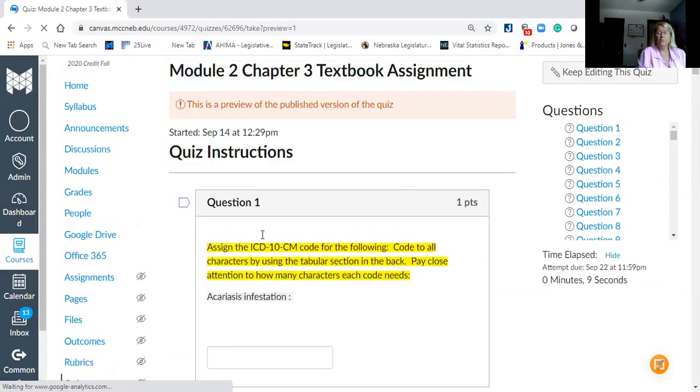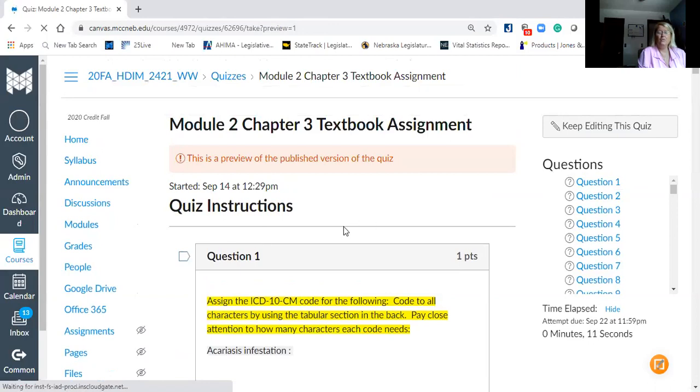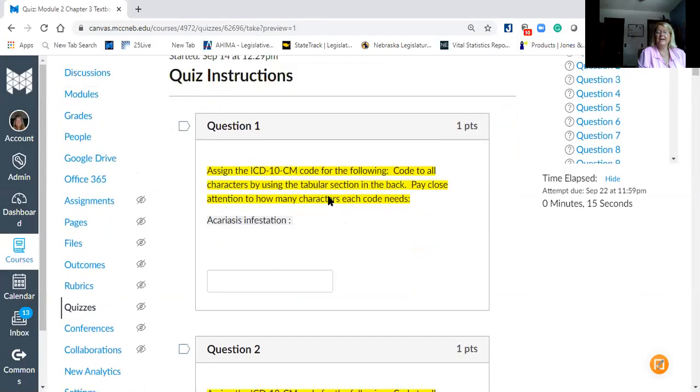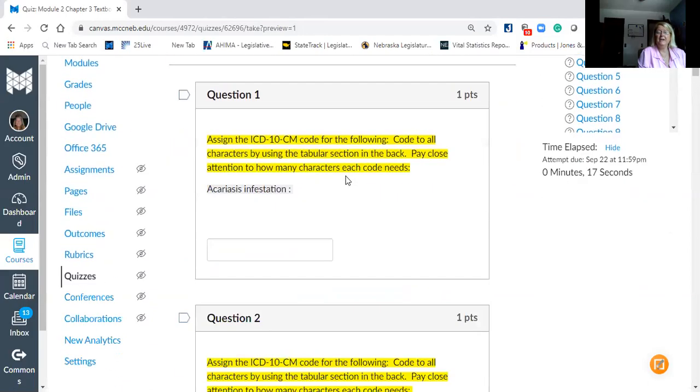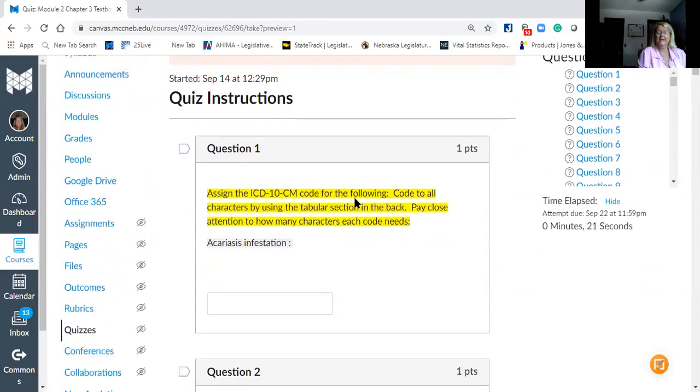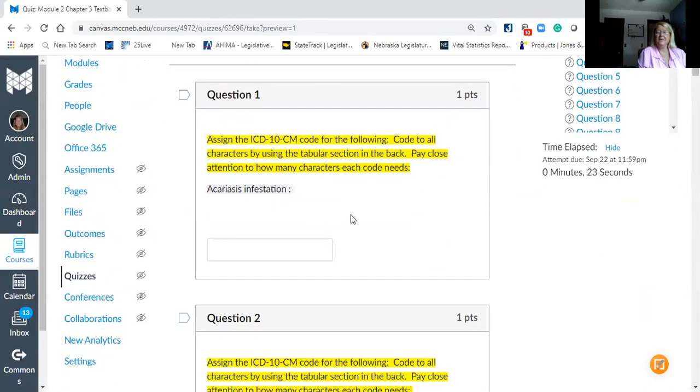So it's really important. I'm going to walk you through at least a few of these to show you how to look at your main term. Let's walk through five. I'm not going to tell you answers, but I'm going to walk you through how to look them up, okay?